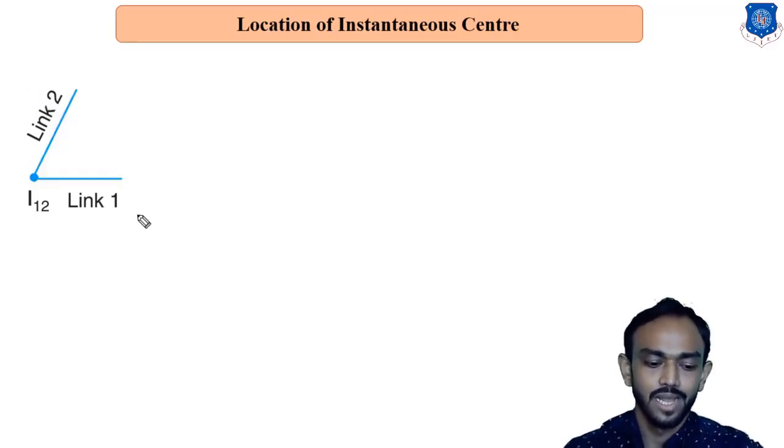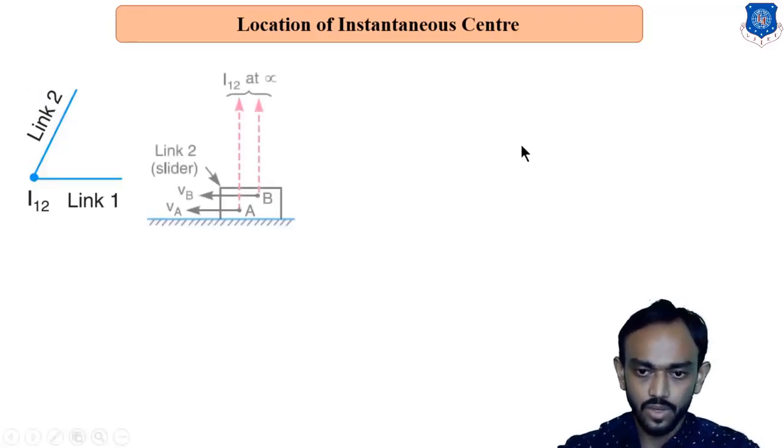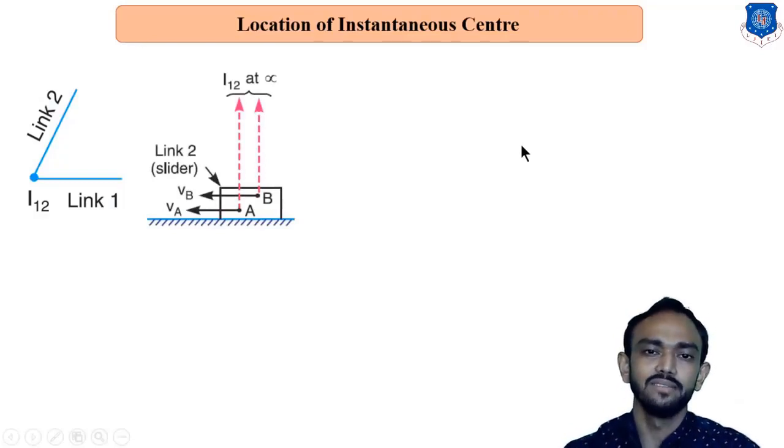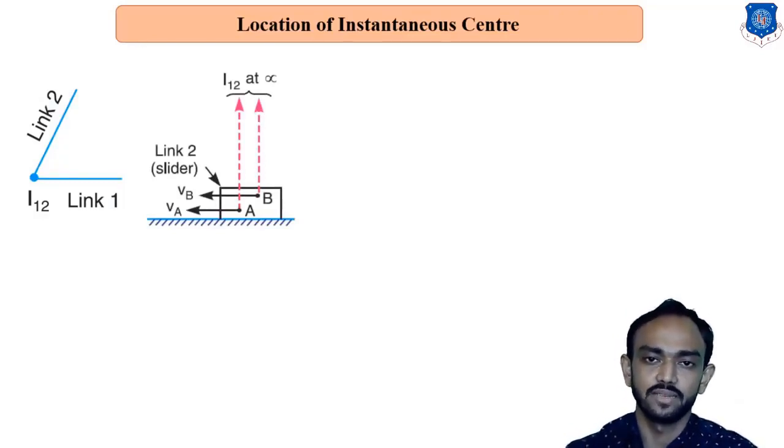After that, the second criterion: when there is a slider sliding on a flat surface. How can you imagine a point with respect to which the slider is in pure rotation? Because it is pure translatory motion there. The slider is translatory.